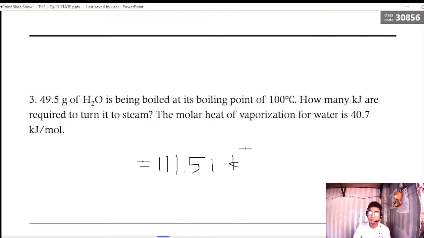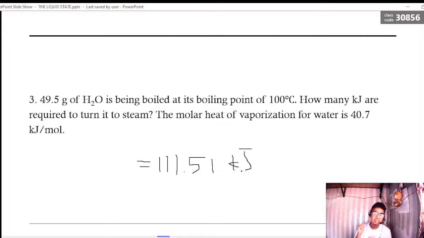Practice on your own so you can answer number 3. Your product should be 111.51 kilojoule, since you are looking for the amount of heat absorbed by the liquid.